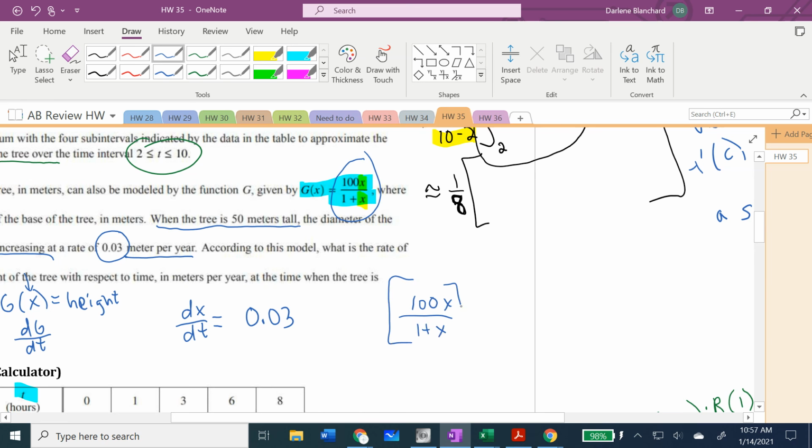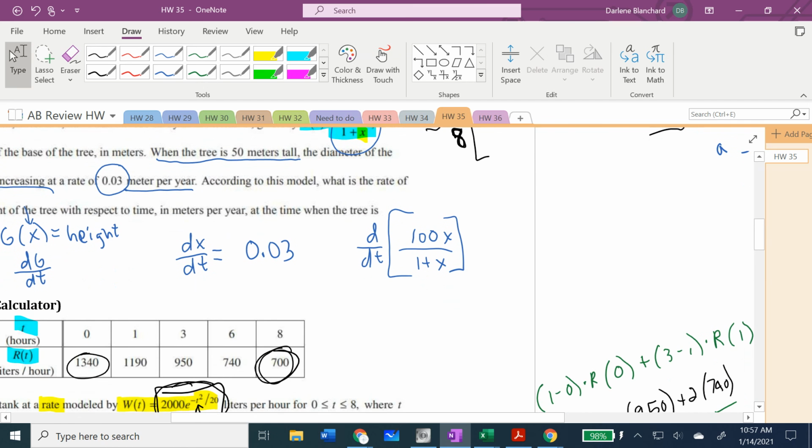and I would say that I need to take the derivative of this expression, but I need to do it with respect to time, not with respect to x. So as I go through the derivative, I start with quotient rule. With the quotient rule, I have low d high. Now d high is you have a constant multiple of 100, and then the derivative of x with respect to t.